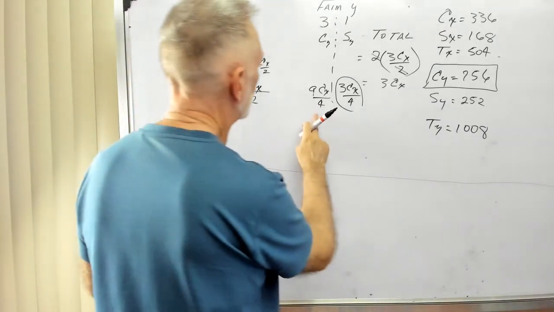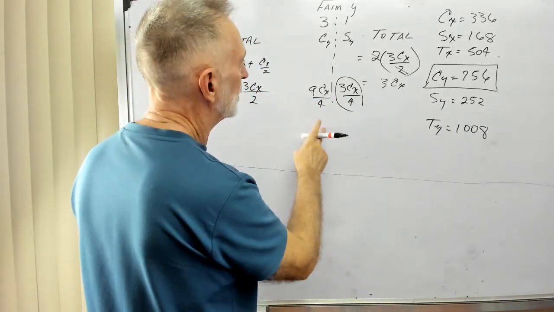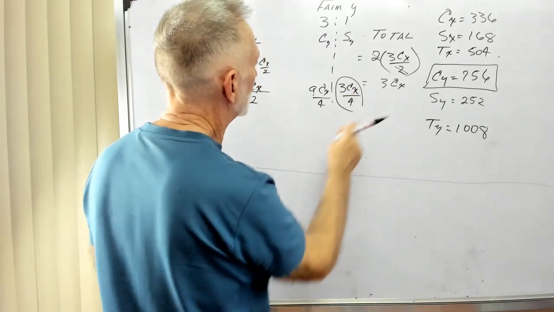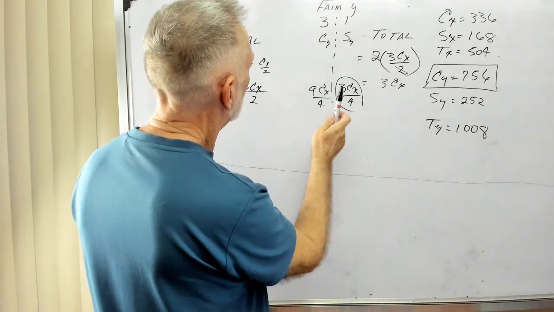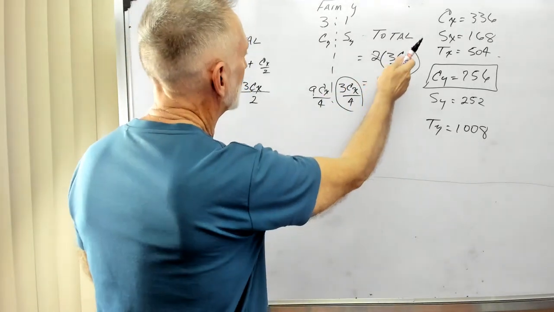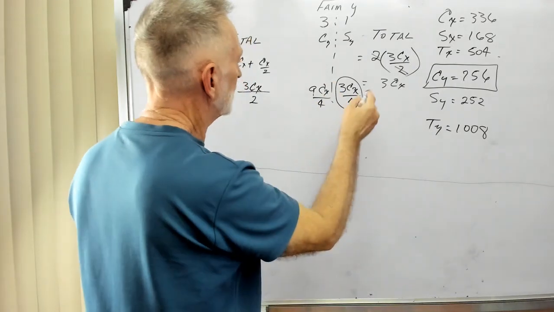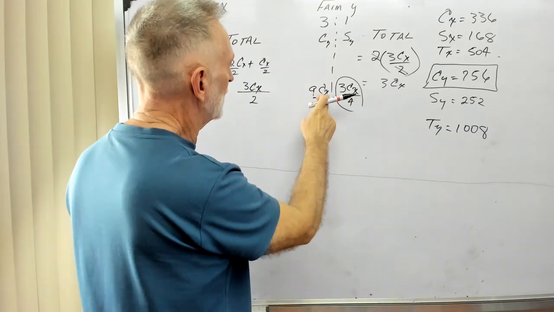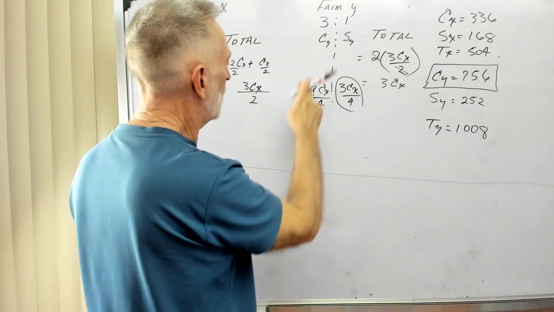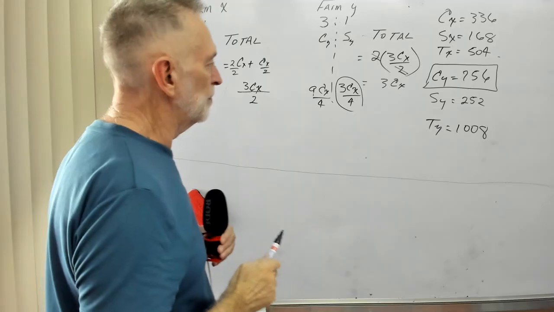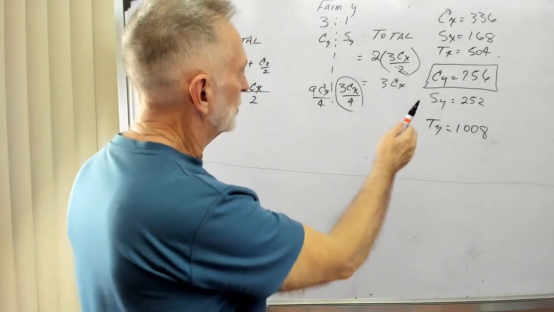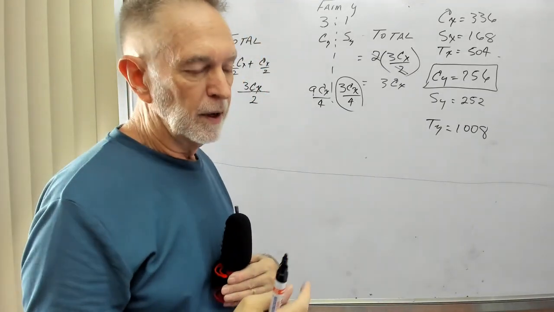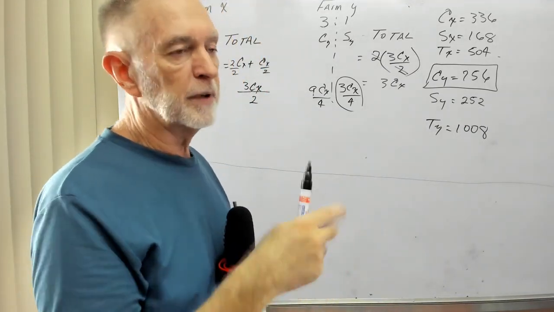Now then, remember we had 3 times that were, I've lost that formula. If the total is this, oh wait, I didn't do that. Yeah, I did. So the cows on Y was 9 times the cows on X divided by 4. But in our case, we now know that 252 of these were sheep. 3 times the number of sheep is the number of cows.